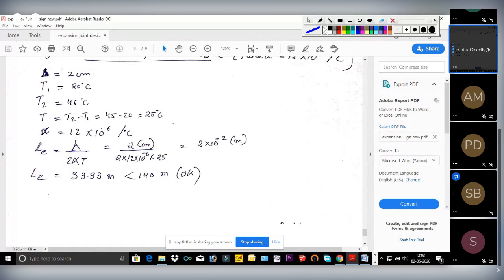Just put these values and find out: 2 by 2, into 12 into 10 to the minus 6, into T2 minus T1. How much is T2 minus T1? 45 minus 20, 25.